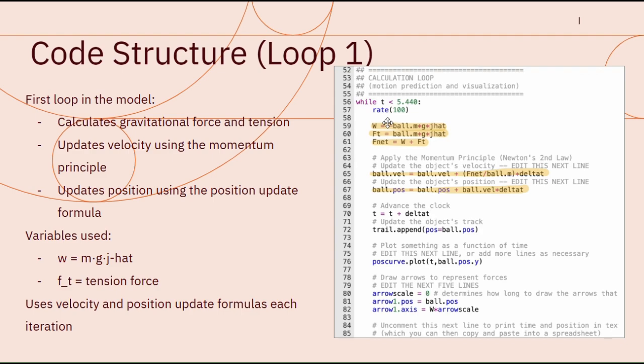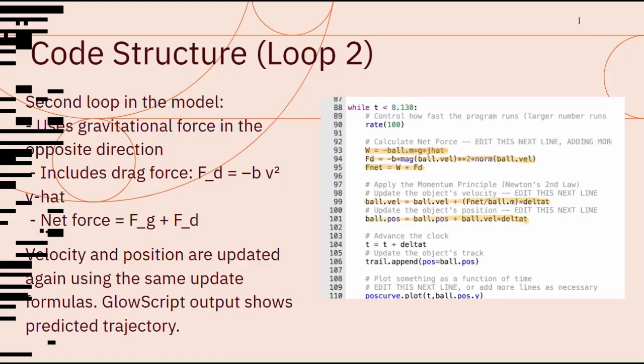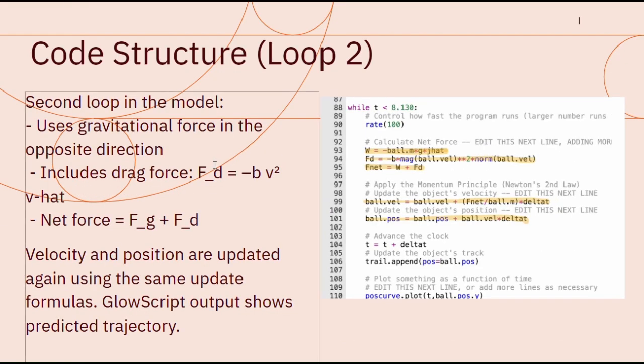The velocity and position are updated using the standard update formulas. In the second loop, the gravitational force is reversed and the drag force is added. The net force is the sum of gravity and drag, and once again the velocity and position are updated.